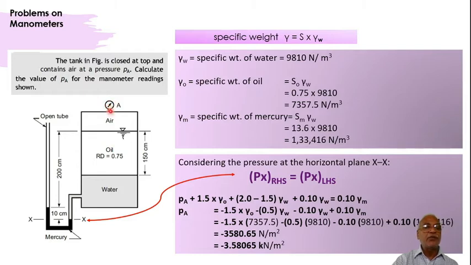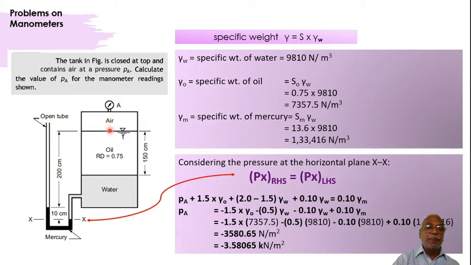The pressure at this point, or pressure inside the air at this gauge, is PA. Now we'll start with PA, and when I move down in air, it has hardly any value of gamma. Because of that, there is no contribution of gamma H as far as air is concerned. Make a note of this. In air, when we move down or up, hardly there will be any contribution.